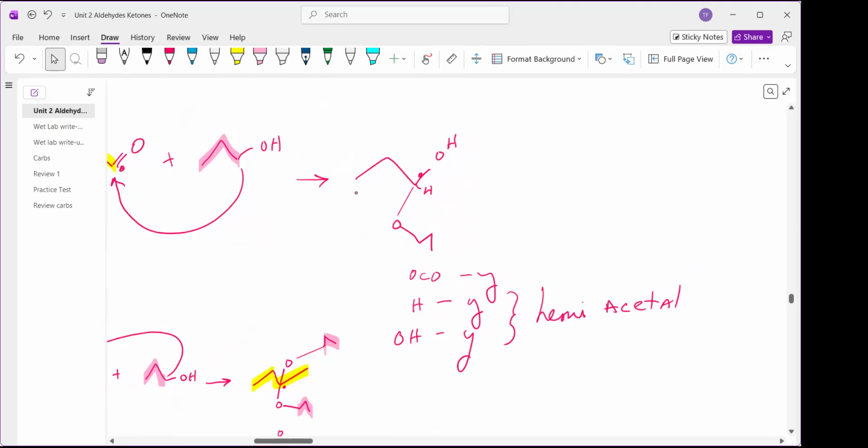Now, hemiacetals or hemiketals are not all that stable. So what happens is typically the alcohol attaches again to the anomeric carbon.